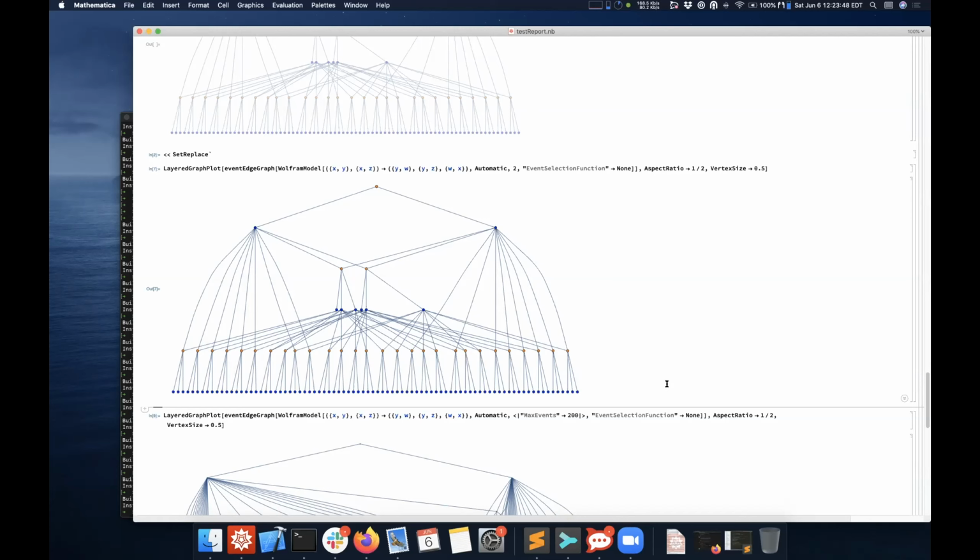So the question here is, how do we indicate from this? Just for my understanding, the multi-way graph we should be able to get by simply eliding out the event layers here. The ordinary multi-way graph just comes by eliding the event layers. Correct?